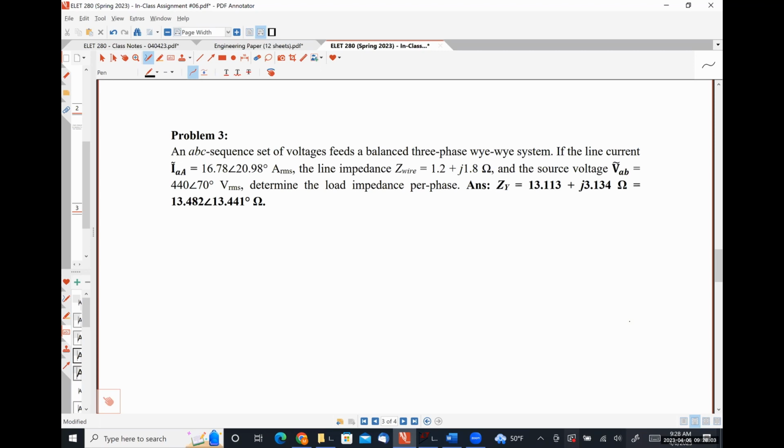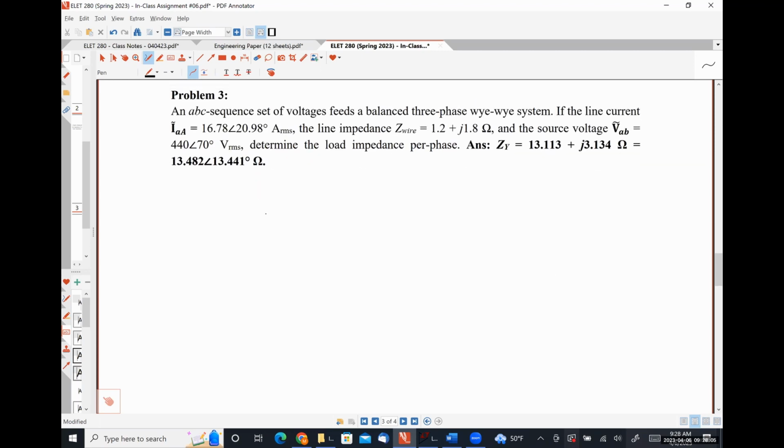So let's draw things out here really quickly. So here is VAN. VBN. VCN. Here is the voltage VAB that you were provided.